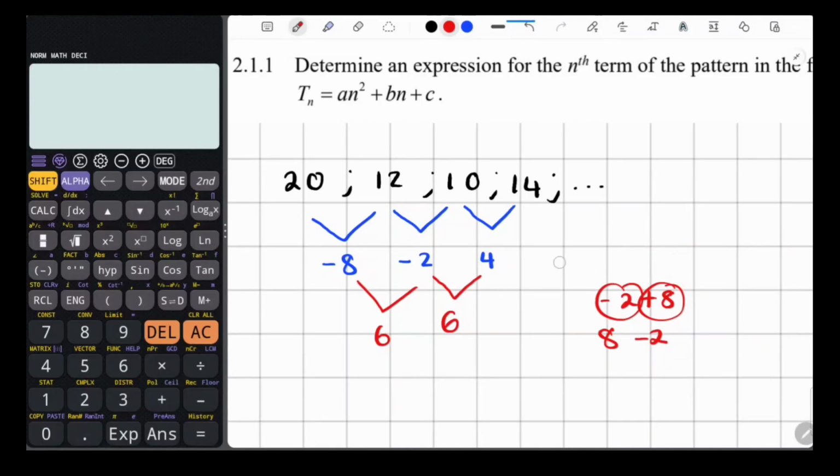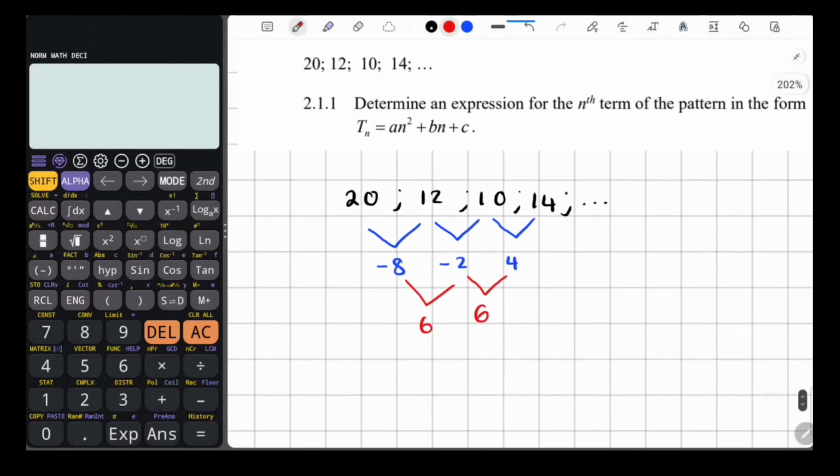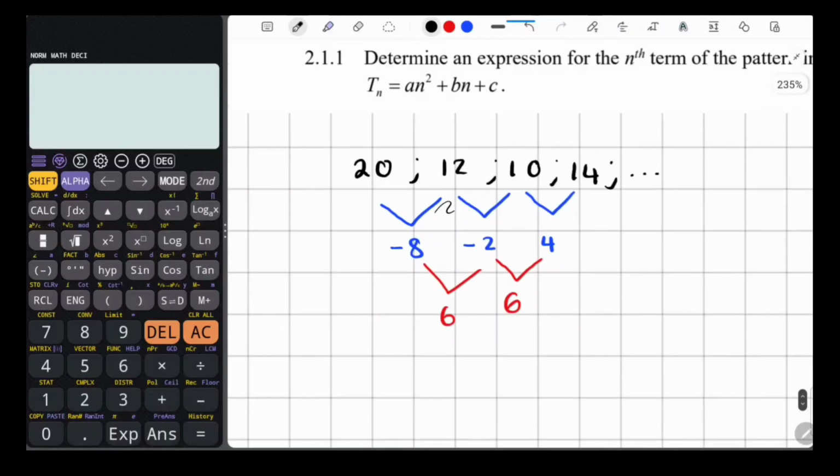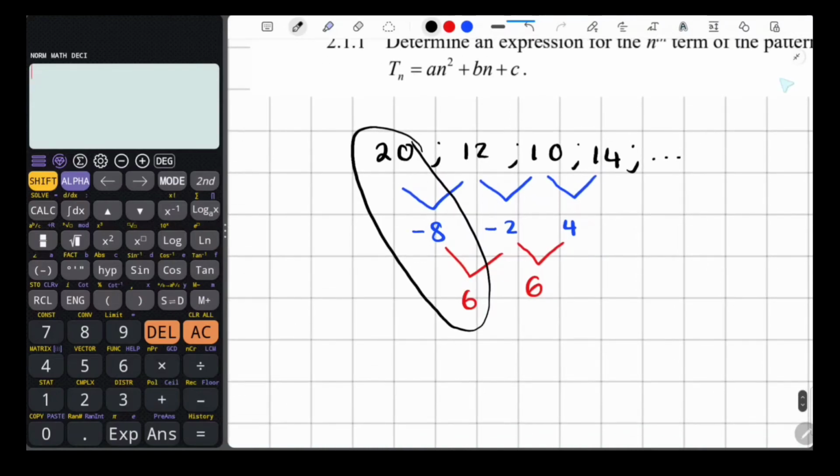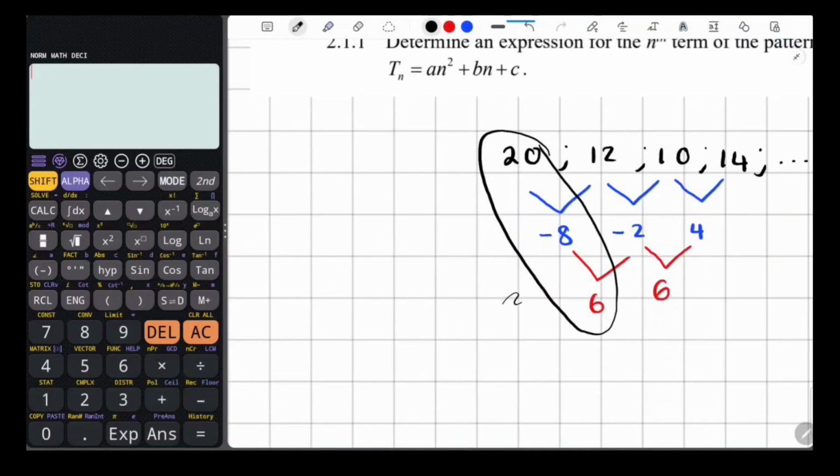Okay, so we have our first difference and our second constant difference. Then we take the first terms in each of these patterns, the quadratic first difference and second difference, and we're going to equate it to the following. So the second difference, we make that equal to 2a. Then first difference, we make that equal to 3a plus b.